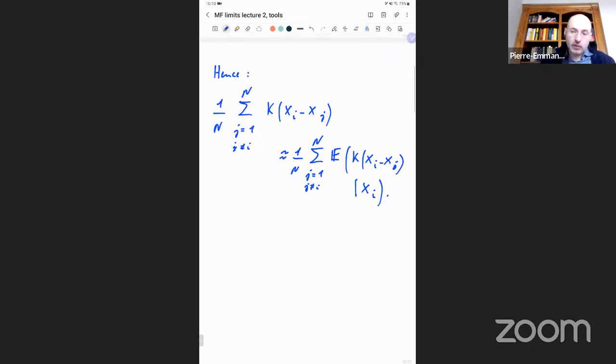And this leads me to what is now known as a McKean-Vlasov equation, which is a first way to express the mean field limit.